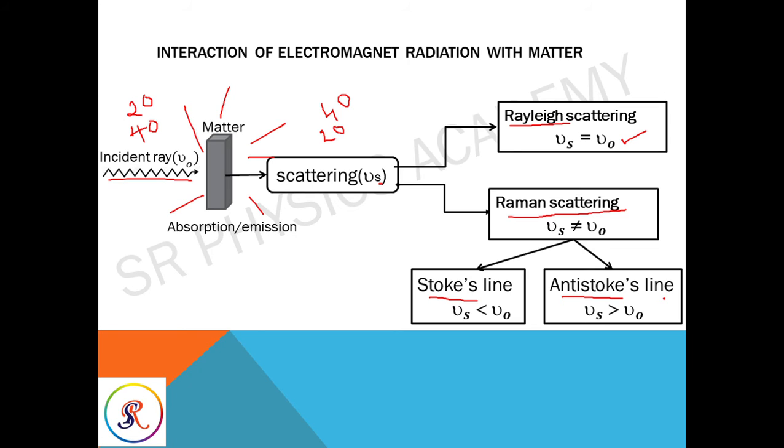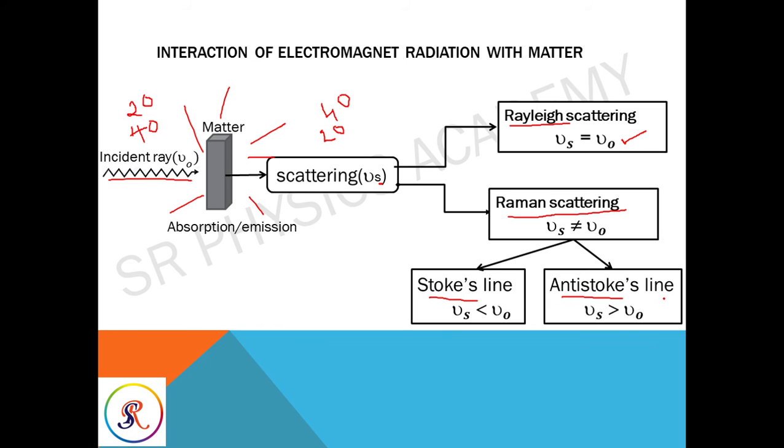When electromagnetic radiation interacts with matter, some absorption and emission occurs, but some radiations are scattered. When incident ray frequency and scattering ray frequency both are equal, then we can say Rayleigh scattering.